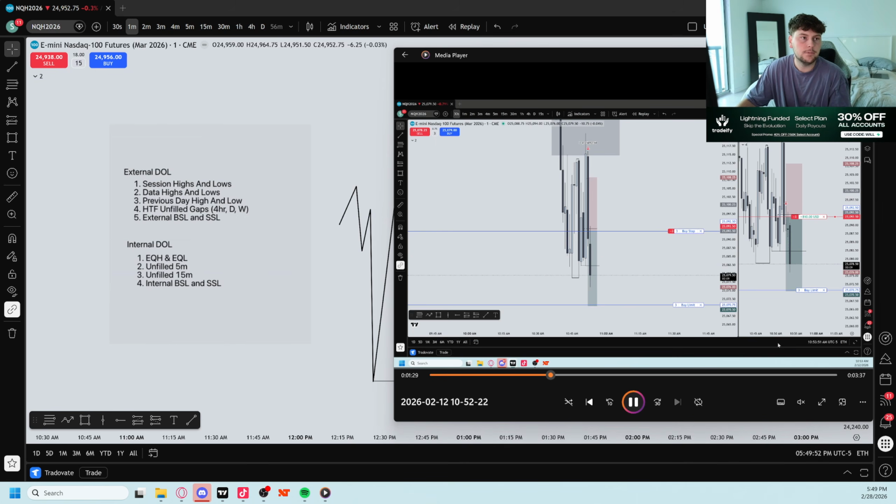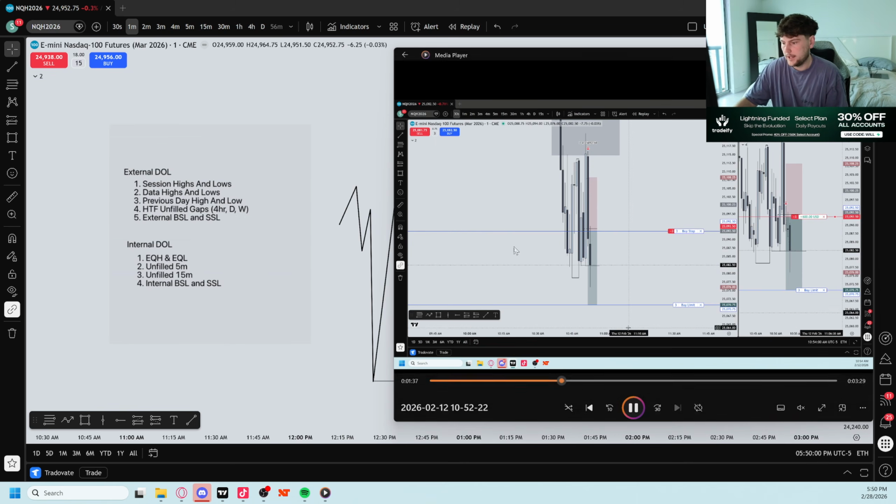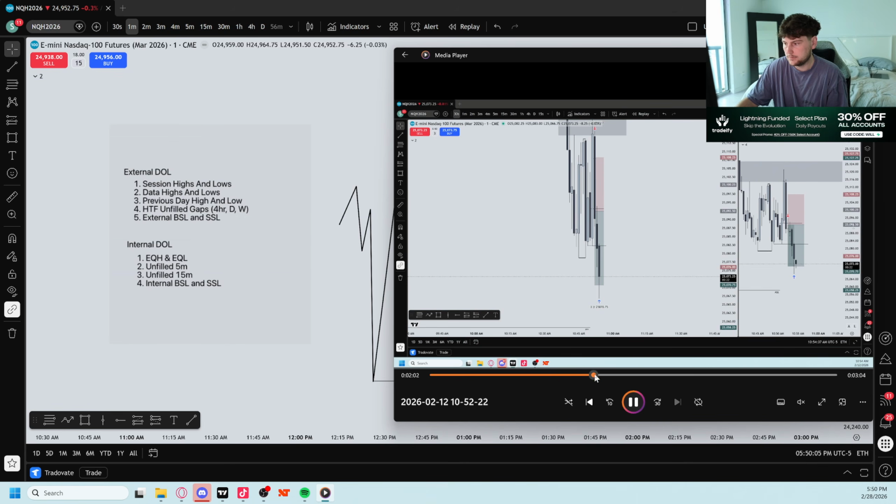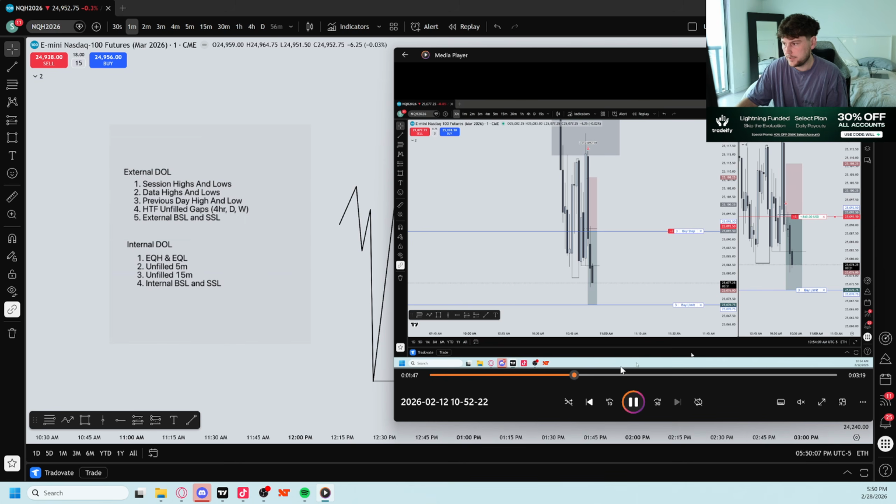Can people just take this seriously? Entry confirmation is inverse fair value gaps. That's the entry model. And then you can see that this ended up playing out. Oh, sorry. Didn't even get to let you guys see it. TP got hit.